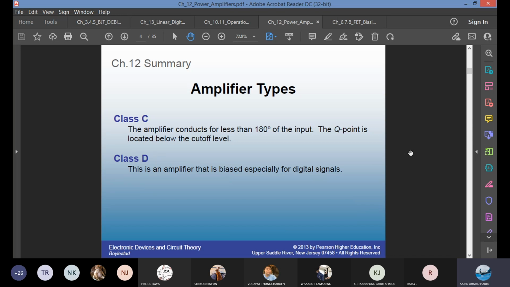That is the normal case. If you couple the Class C amplifier with a tuned circuit, it can give you a full 360 degree output, as long as the operating frequency of this amplifier is matching the frequency of the tuned circuit. Otherwise not. Class D is for digital.